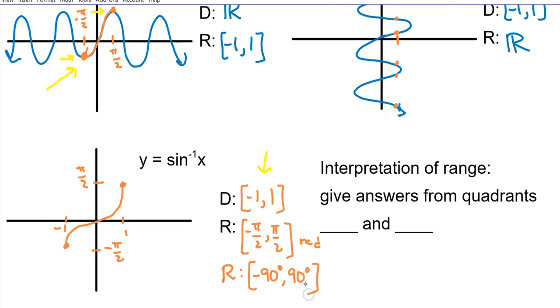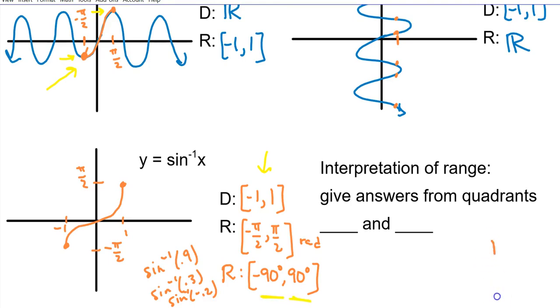So what you could do is grab your calculator, put it in degrees since that's what you're most used to, and plug in some numbers into the inverse sine function, like inverse sine of 0.9, inverse sine of 0.3, inverse sine of negative 0.2, as long as your numbers are between negative 1 and 1. You can do inverse sine of 1 and inverse sine of negative 1 as well. What you're going to notice is that your outputs are angles that fall between negative 90 degrees and 90 degrees.